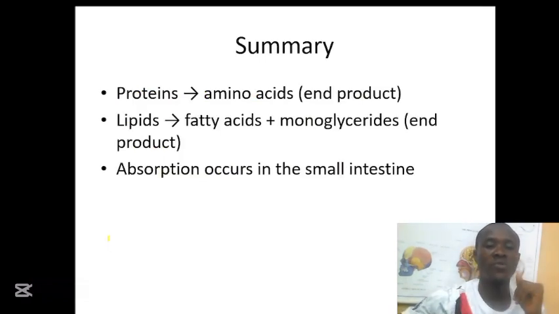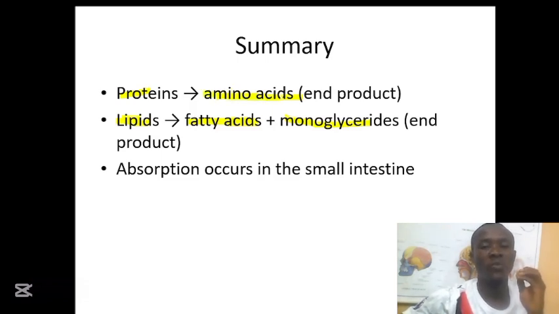So this is the summary: the protein has to be broken down into amino acid, that is the end product of it, and the lipid has to be broken down into fatty acid and monoglycerides, that is the end product of the lipid. So if you are asked what is the monomer of protein, it is amino acid.